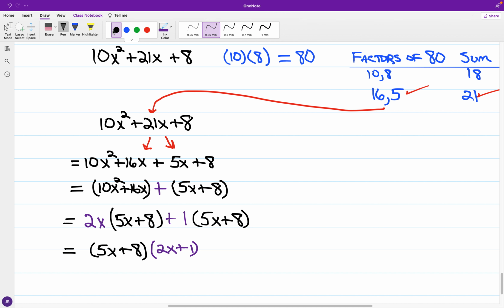So 10x squared plus 21x plus 8 is equal to 5x plus 8 times the quantity 2x plus 1.